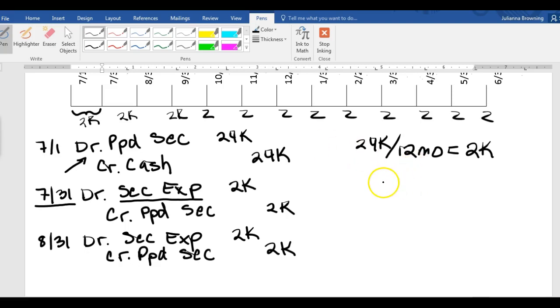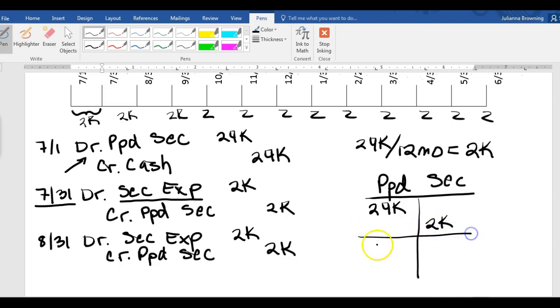So if we look at the asset from a T account perspective, we have prepaid security as a T account. Then on July 1st, we debit the $24,000 into the asset because we've paid for it in advance. And then at the end of July, we show that we've used some of it up.